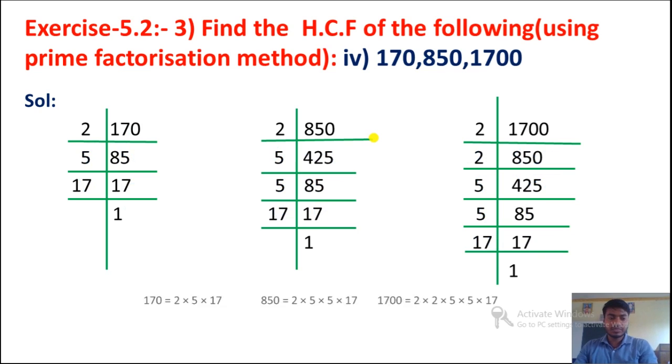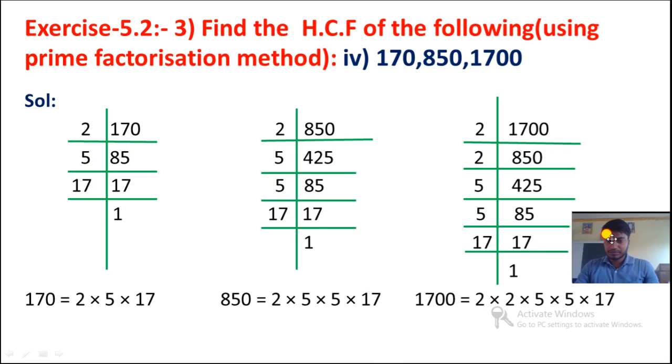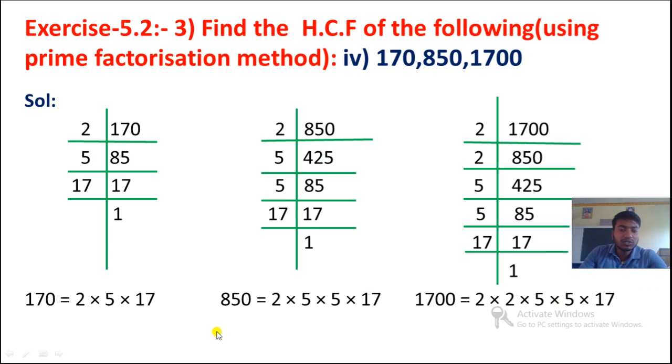Now we have to see the common prime factors in all. So first we have 2, present here also and here also. So 2 is common in all.